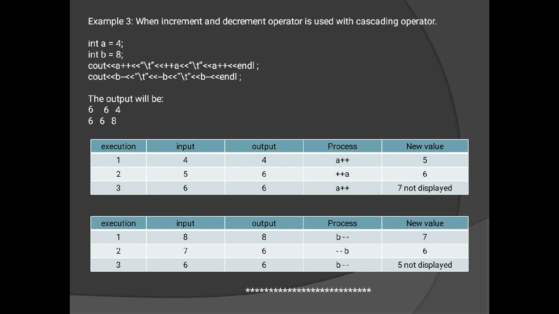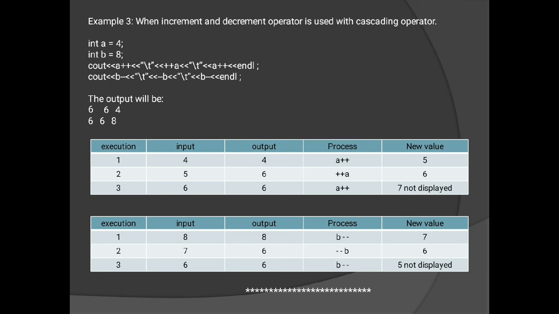In the second execution, when it reaches minus minus b, the b value will be 7, and in the output b will become 6, because it is minus minus b, a prefix decrement. So b will first get subtracted by 1, that is 7 minus 1, which will become 6.